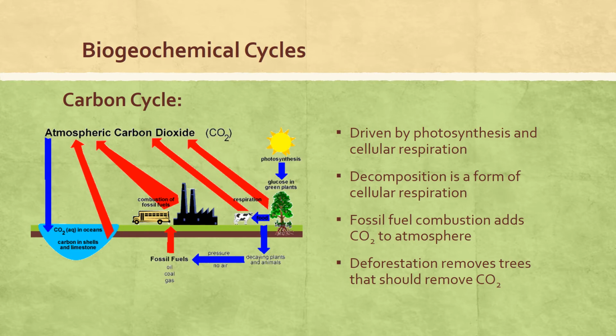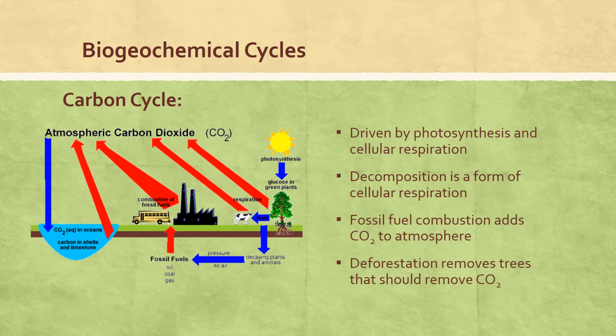Now, ideally, we would be using as much CO2 in the process of photosynthesis as is being given off. But if you see here, there are a lot of ways that CO2 is being given off and not nearly as many ways as it's being used. And that's the problem that's resulting in too much CO2 in our air, and that can go into so many different things.